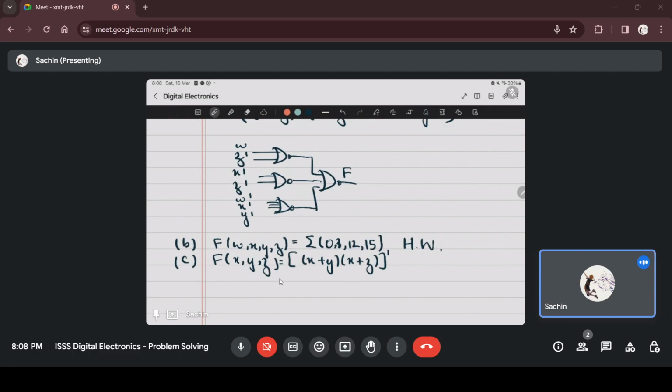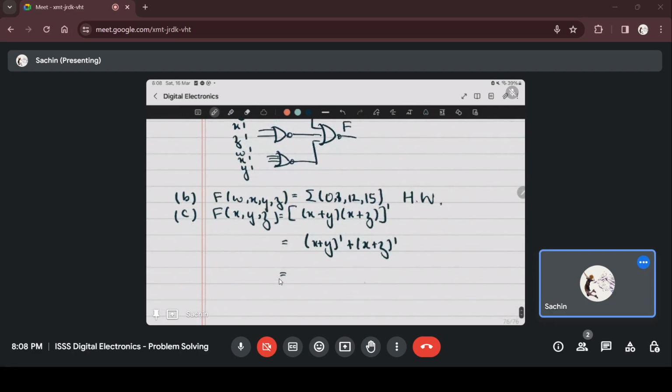This can be simplified directly. You can write this as (x + y)' + (x + z)'. Then you can get (x + y)' from one NOR gate, (x + z)' from another NOR gate. Then you give those two as inputs to the third NOR gate, and you will get ((x + y)' + (x + z)')'.